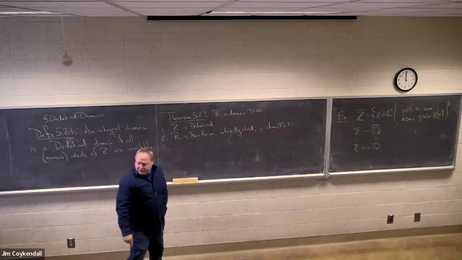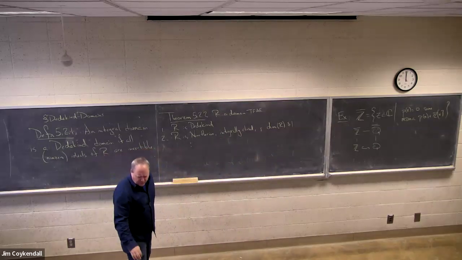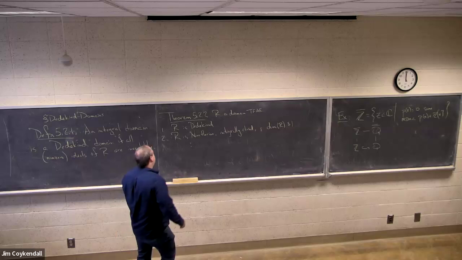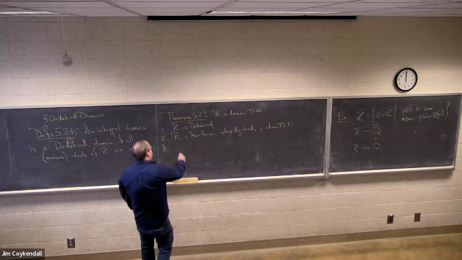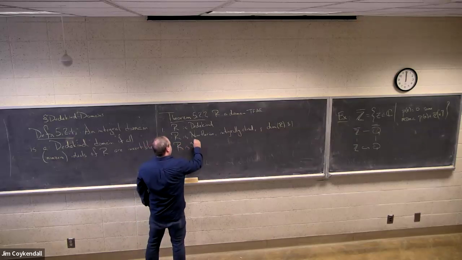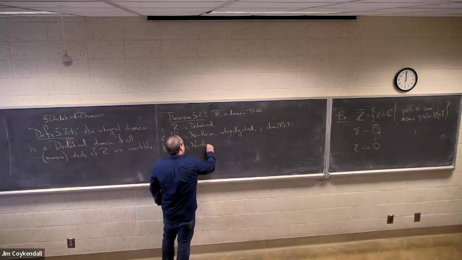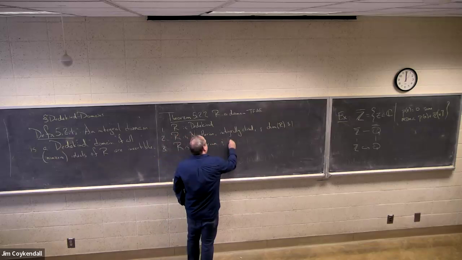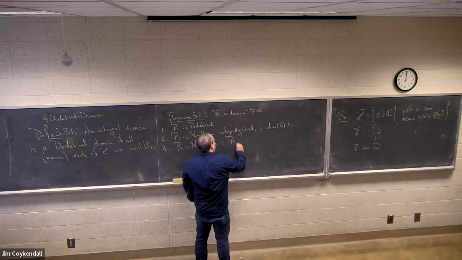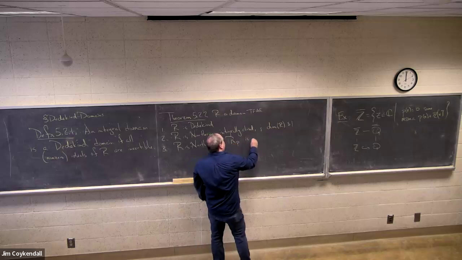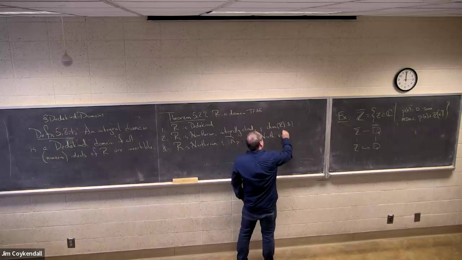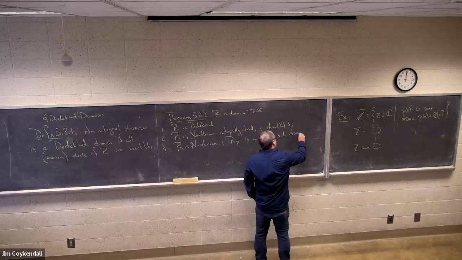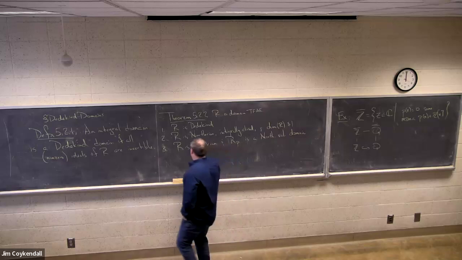If the Krull dimension of R is 0, that means it's a field, right, which is the world's most boring Dedekind domain. Number 3, R is Noetherian and R localized at P is a Noetherian valuation domain for all prime ideals.